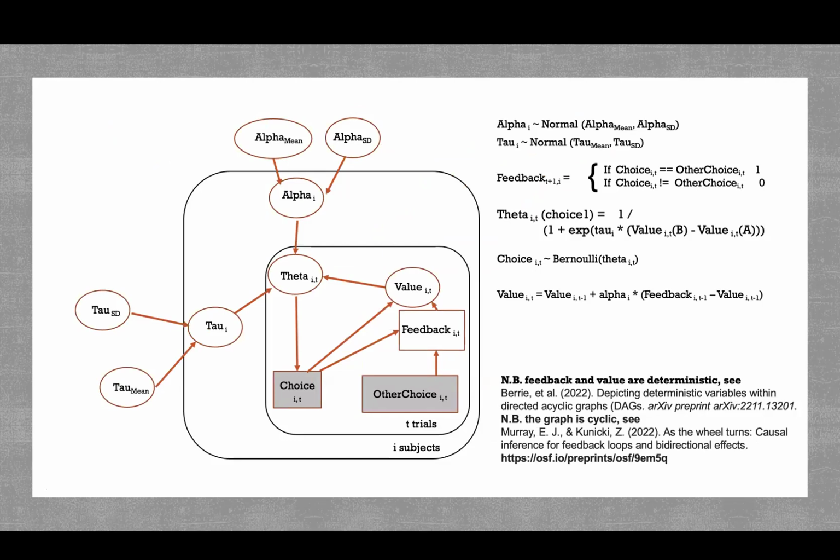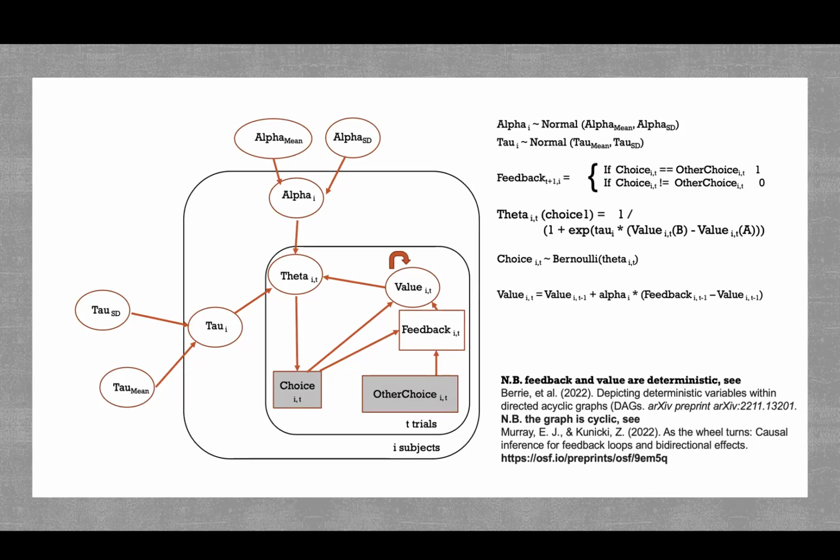Reinforcement learning. Choice. Other choice determines the feedback. Made an error, sorry. The alpha should go into the value. The value is determined... Where did I put it? Oh, here.